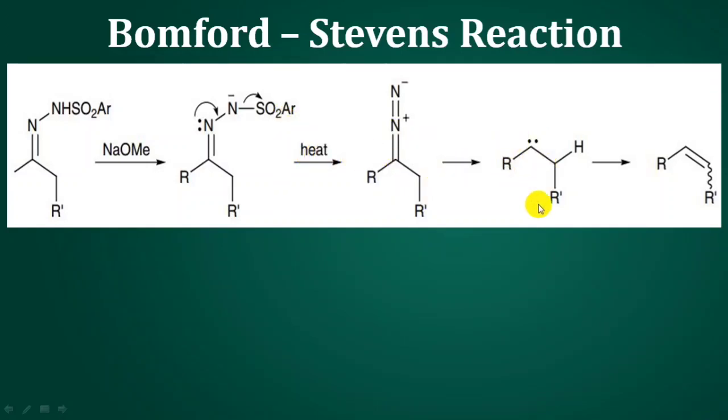So it is very different from the Shapiro reaction, where the intermediate formed is a vinyl carbanion, while in the Bamford-Stevens reaction the intermediate formed is a carbene, and on rearrangement it gives the alkene or olefin.